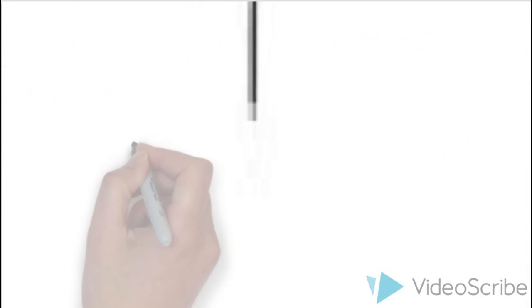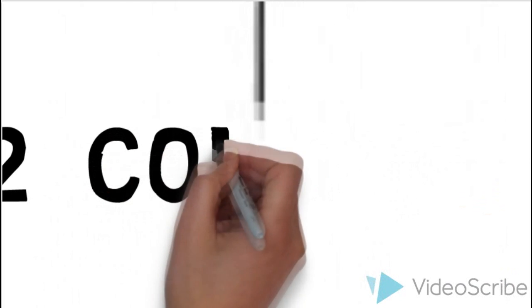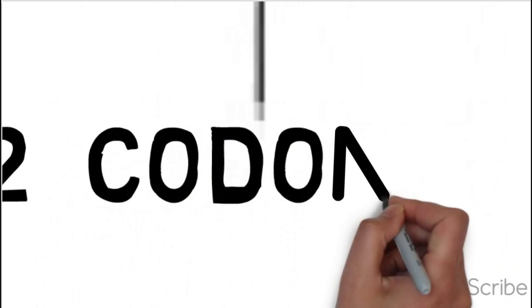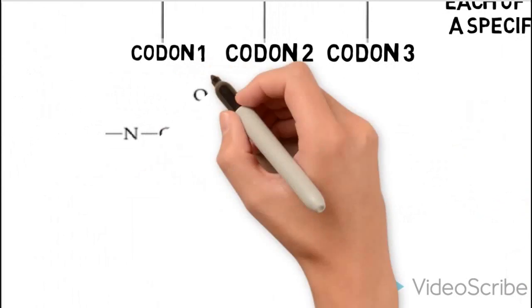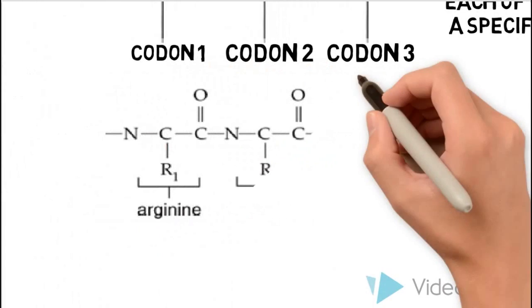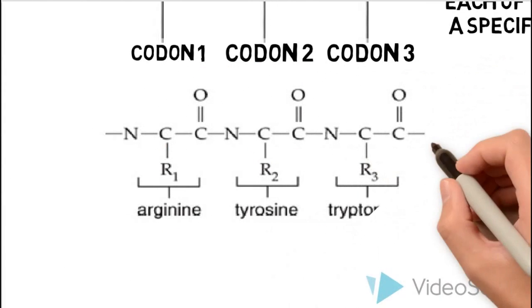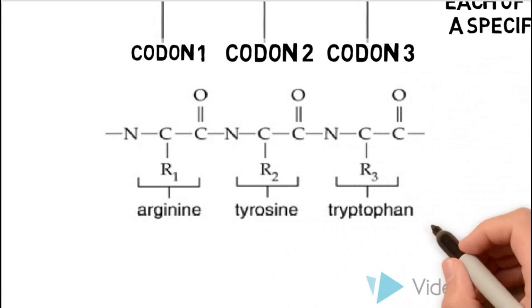The next 3 nucleotides join and give us the second codon, and the last 3 nucleotides give us the codon sets. These codons give us different types of amino acids, like arginine, tyrosine, tryptophan.